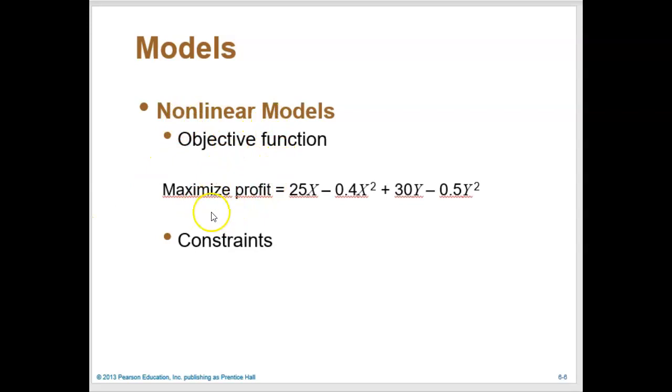An example of a nonlinear model objective function is given here, where the objective is to maximize profits, and the objective function is given by this mathematical expression here. And what you'll notice is that you have a term x squared, which obviously is nonlinear, it's quadratic, and you also have another term y squared, again a quadratic term, so it's nonlinear.